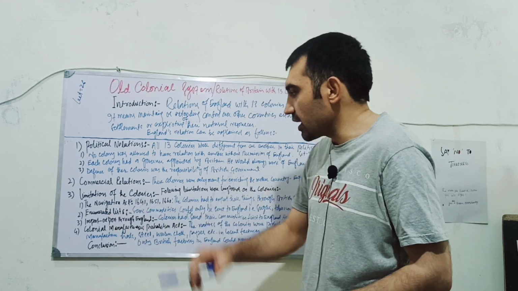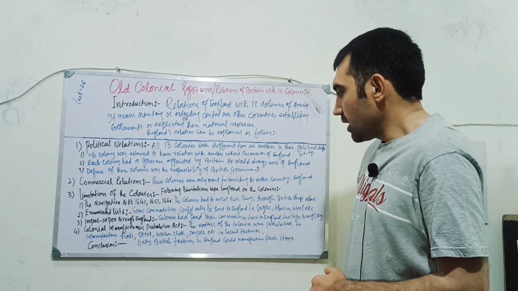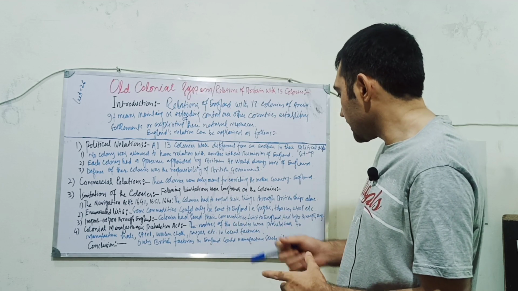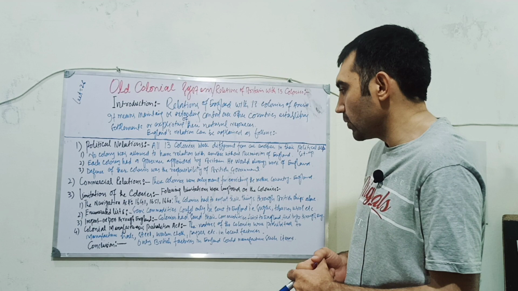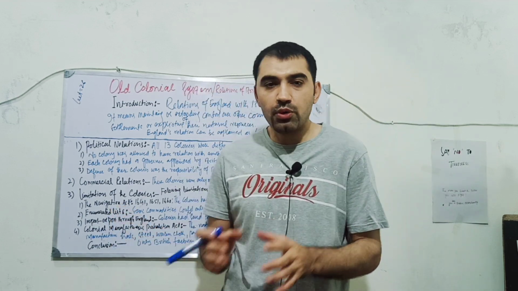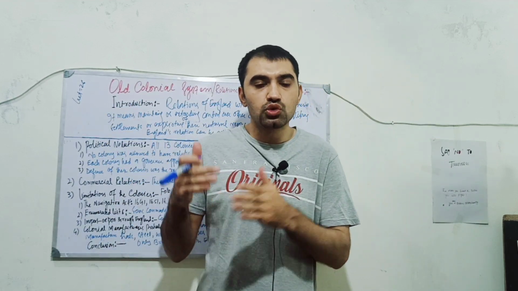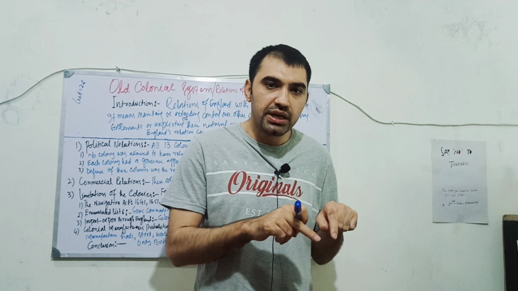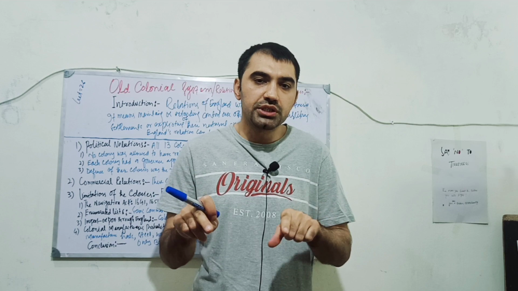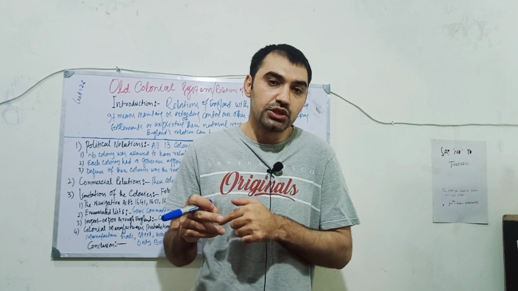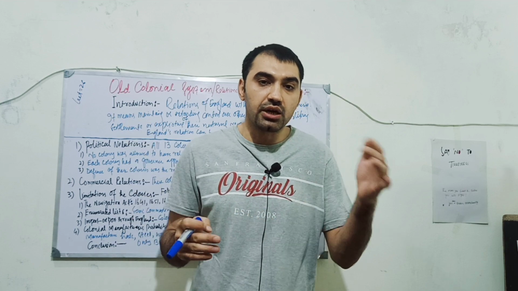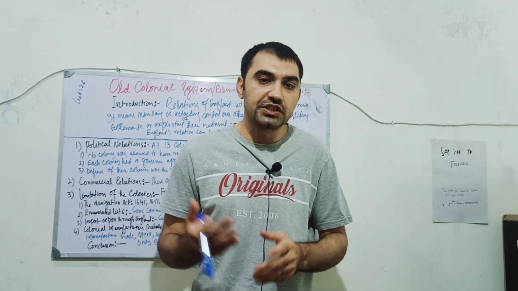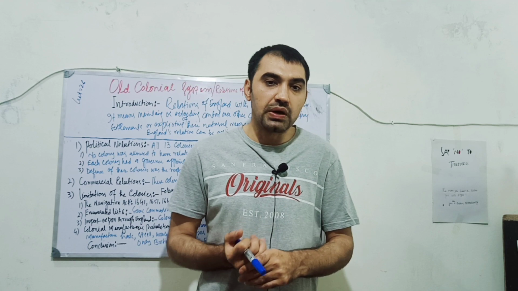Second was the enumerated list. Some commodities could only be sent to England, like sugar, tobacco, and wool. In the enumerated list, it was highlighted to the colonies that certain commodities could only be sent to England rather than to any other colony or to other great powers like Spain, Holland, France.